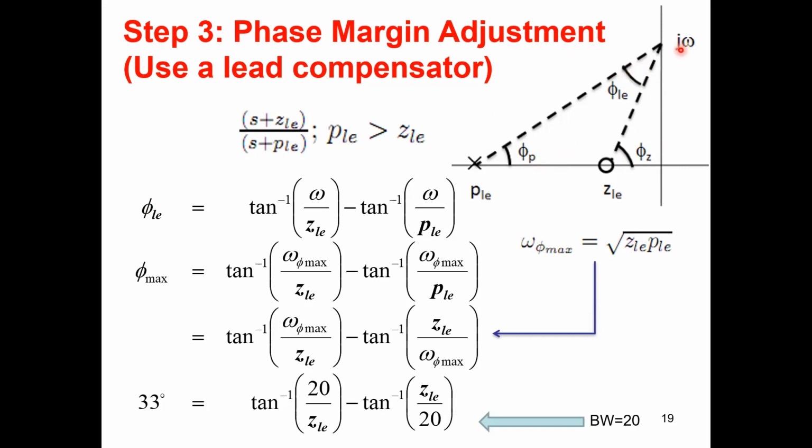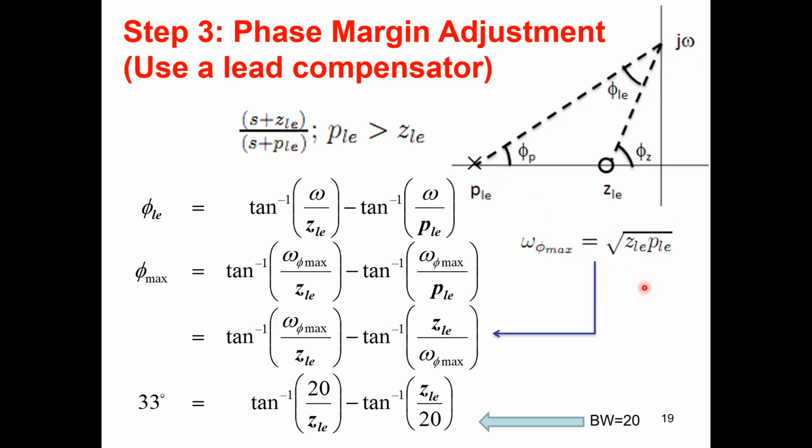There is a particular frequency that gives you the maximum phase lead, and there's a theory proving that this particular frequency, omega phi max, the frequency for which you get the maximum phase lead, is given by this equation: the square root of the product of the zero and the pole.